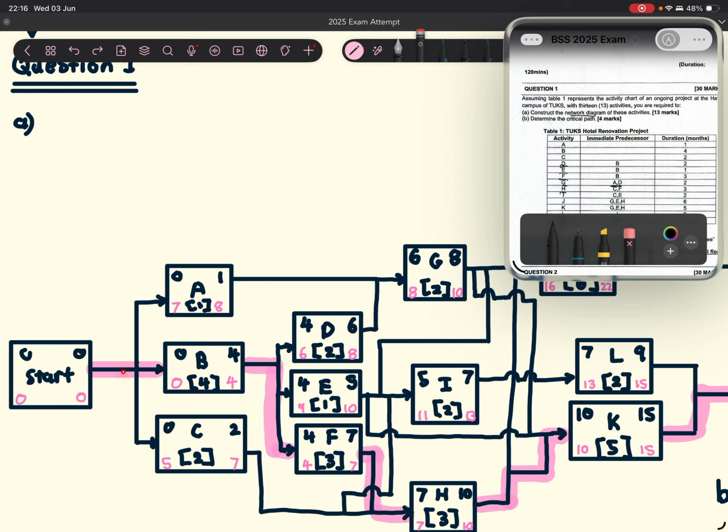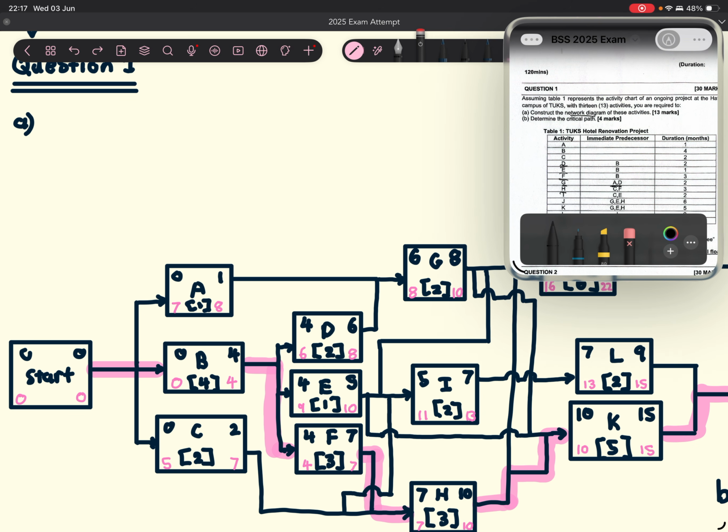Starting from there to there, we can see that these two dates are the same. So in this case, any one of them could be the critical path. But another property of the critical path is that it's the one with the longest duration. So we go from there to there, because 4 is the larger number between these three.